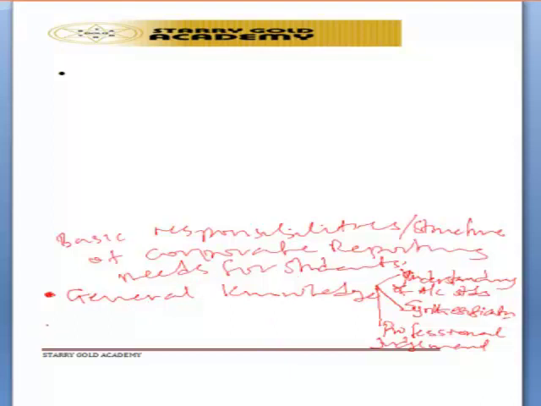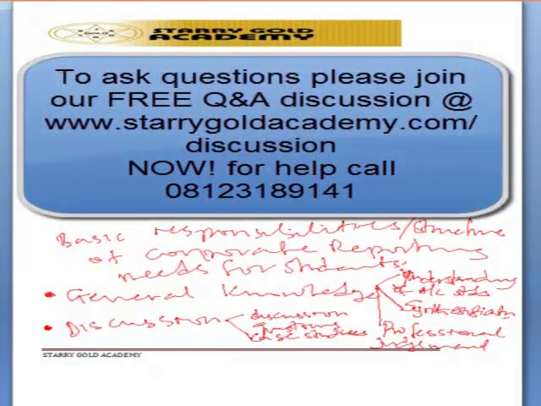Then another thing you must bear in mind is what we call discussion. In corporate reporting, you are going to be faced with discursive questions, and your discursive questions will emanate from case studies. Basically, they are case studies, challenges being faced by entities in the corporate world.